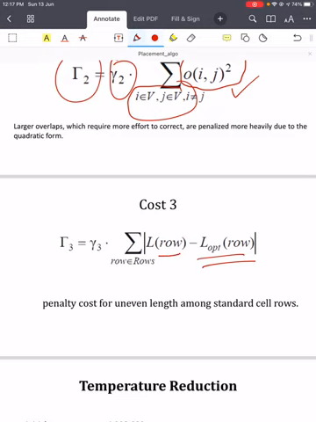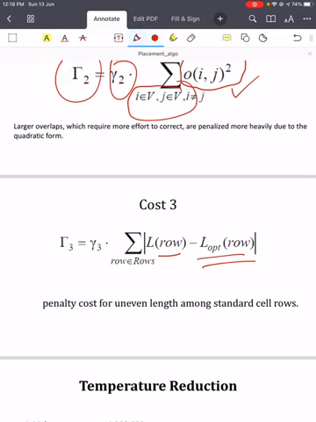Now as discussed, when we apply the barter function, the cell movement can often lead to row length variations, where the resulting row lengths deviate from the optimum row length. In standard cell based design, unequal rows are undesirable because they can produce wasted area and induce uneven wire distribution. So gamma 3, or cost 3, penalizes unequal row lengths.